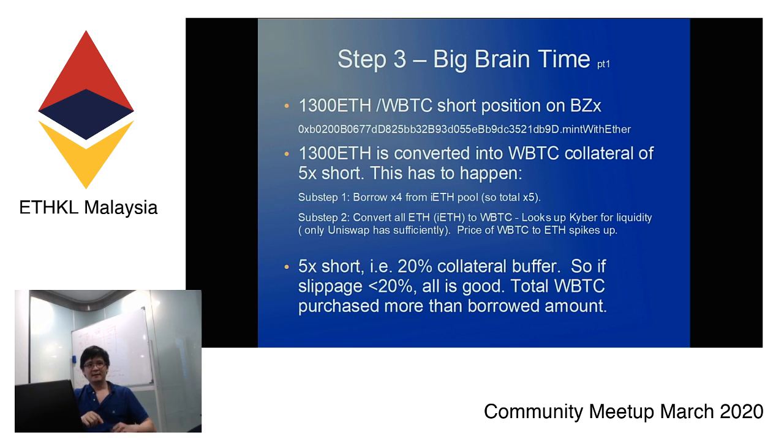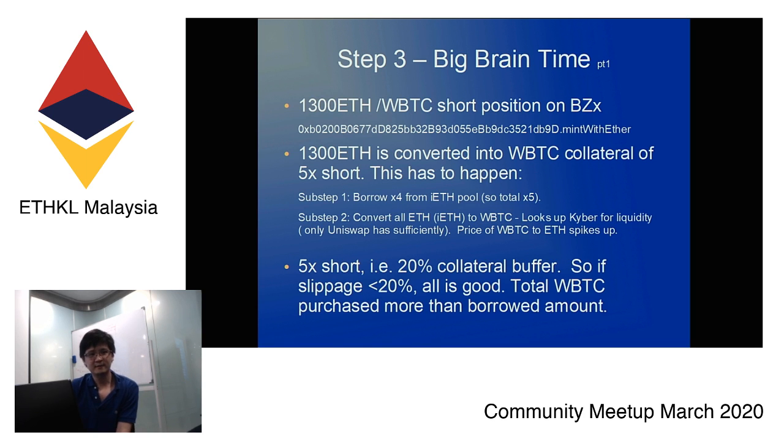For example, if I buy something for $4 and I'm putting up $1 of collateral, I have to make sure that the $4 I'm borrowing does not eat into the fifth dollar. But in this case, what happened to bZx is that it ate way beyond the fifth dollar, when in fact there is a portion of the code which stops this. Rightfully it should be stopped, because right now our entire borrow plus our collateral is way under the amount of slippage we are expecting.